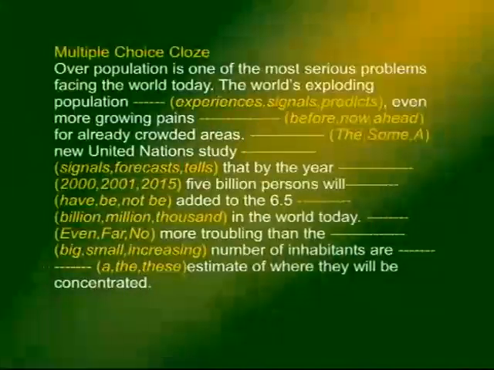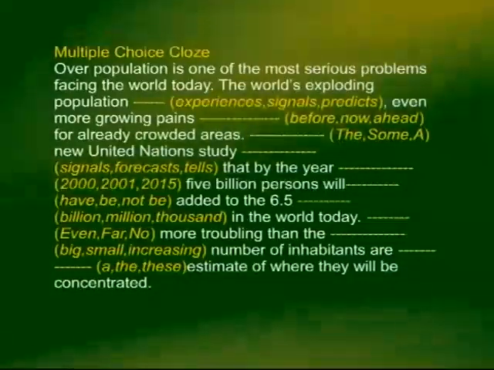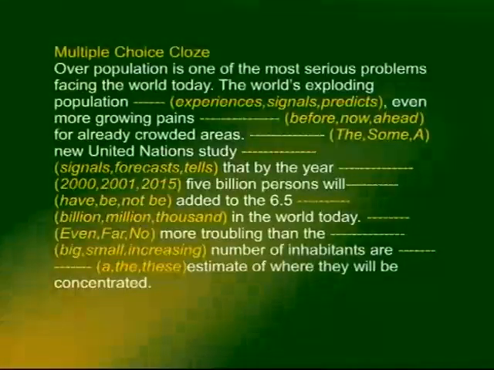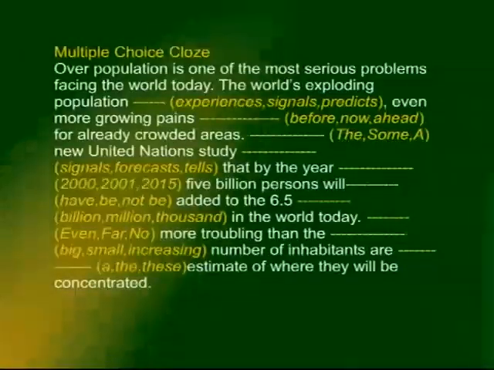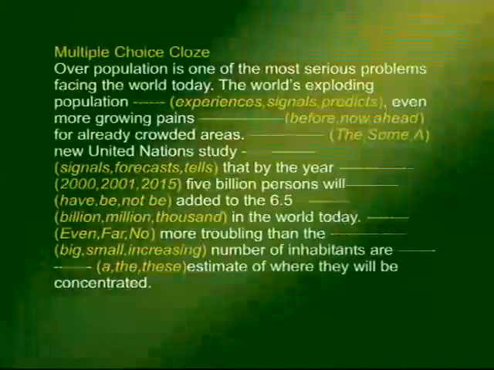Then the big, small, increasing number of inhabitants are estimate of where they will be concentrated. Now you do this exercise on your own. I shall not help you with it.